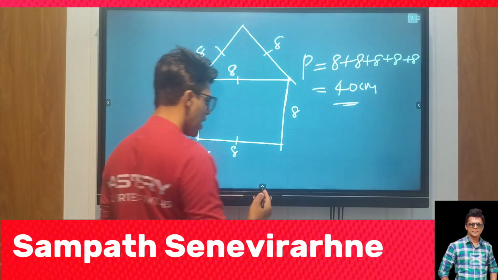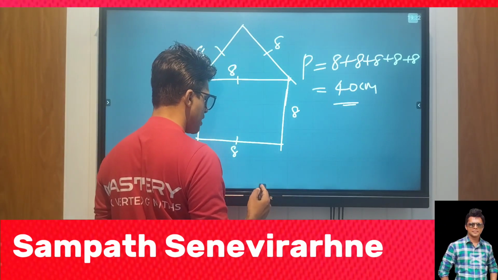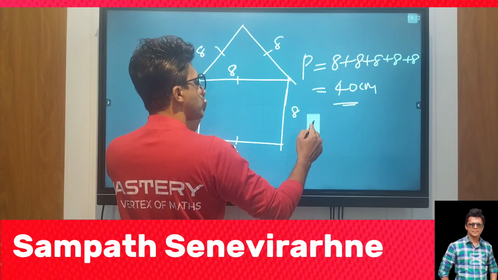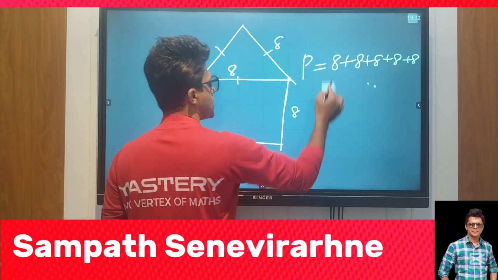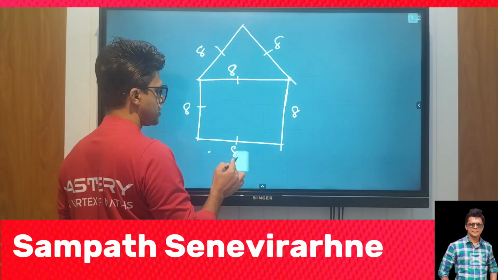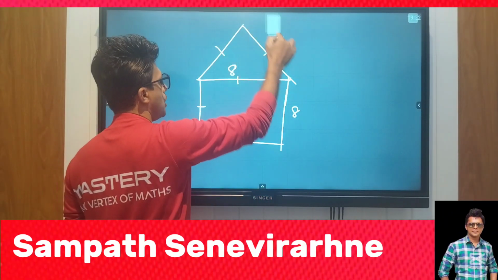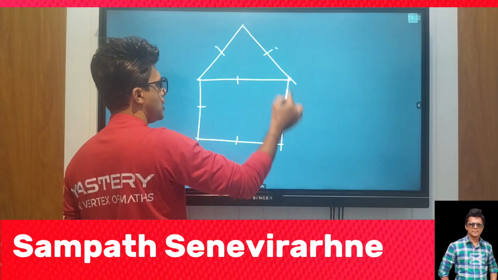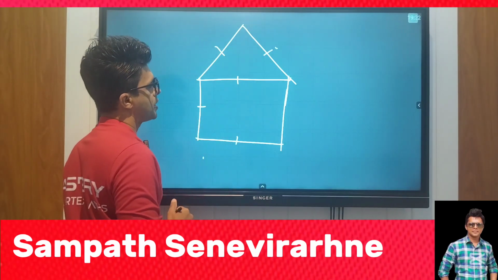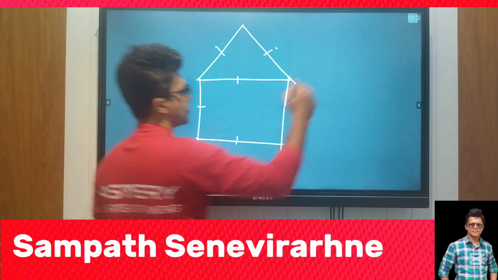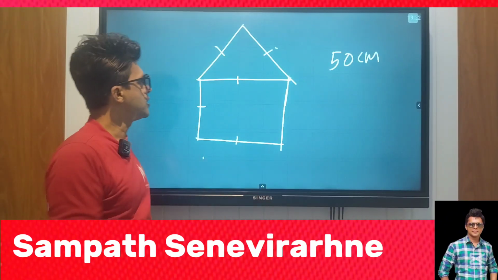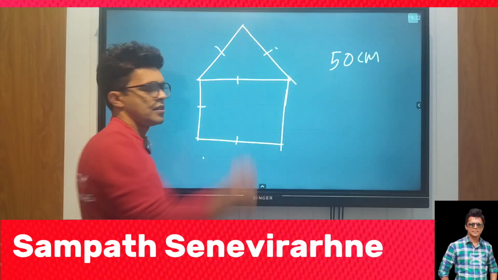And also, you imagine the same question can be given in this sense. It gives the perimeter of this figure, that's 50 cm is the perimeter of this figure. 1, 2, 3, 4, 5.